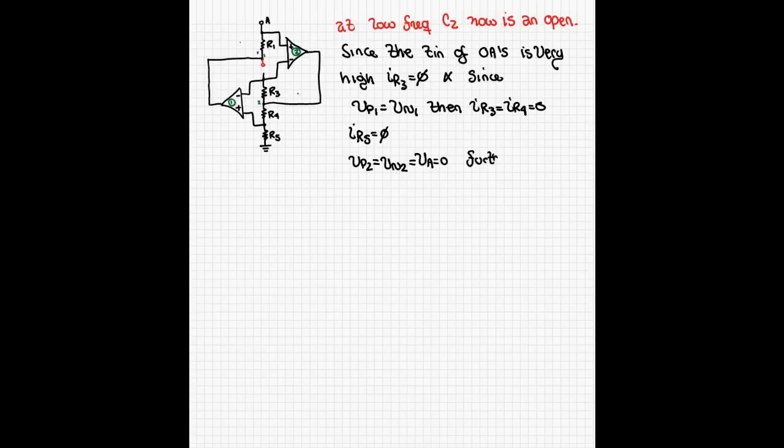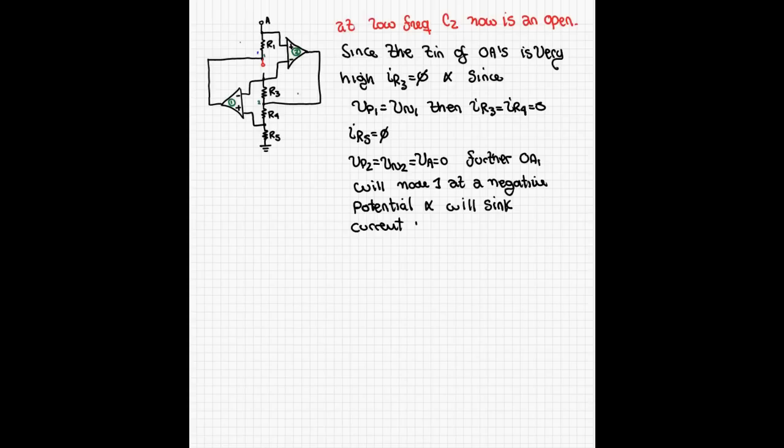Further, op-amp 1 will put node 1 at a negative potential and will sink current into its low impedance output pin. So what does that mean?